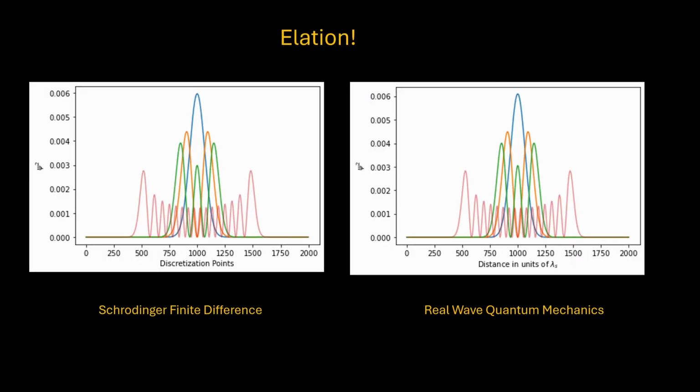I have had to adjust some of the parameters in the real wave quantum mechanics results to make them look more comparable. However, the key fact is that such a comparison can be made at all. It seems to show that there is some deep mathematical isomorphism between Schrodinger's equation and real wave quantum mechanics.